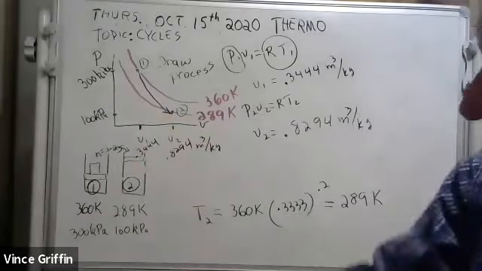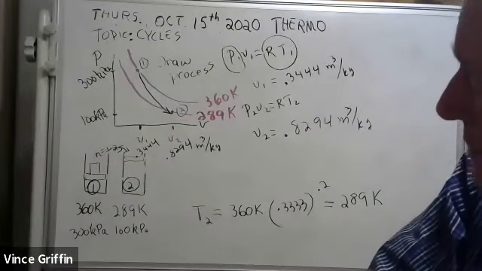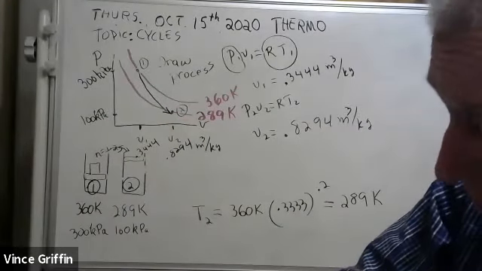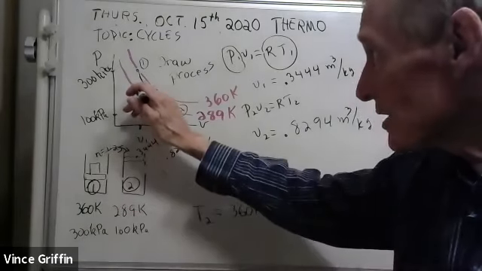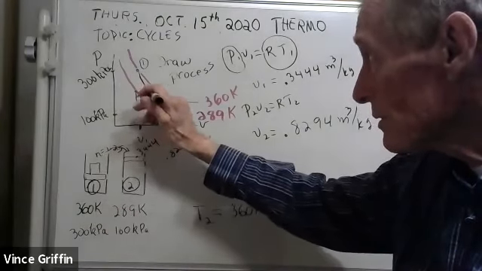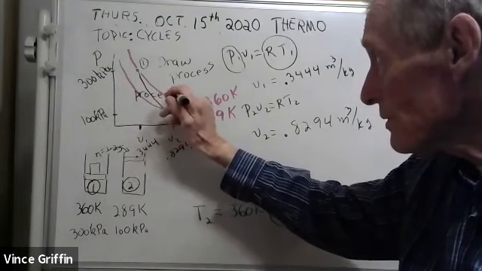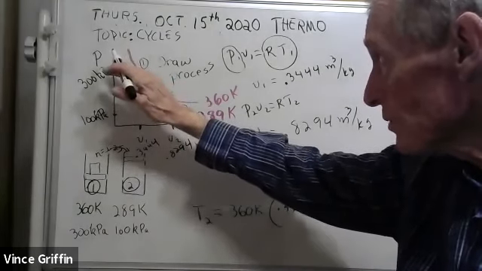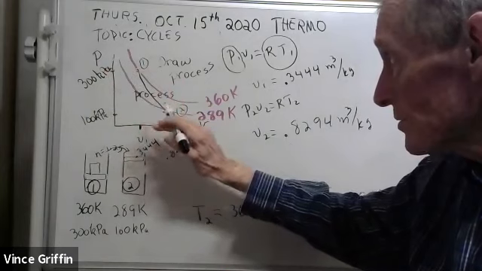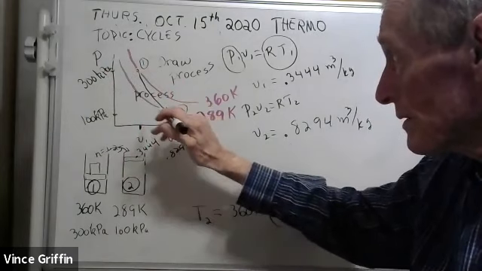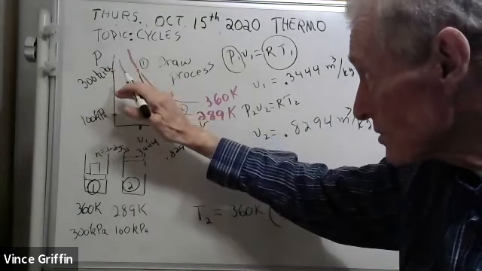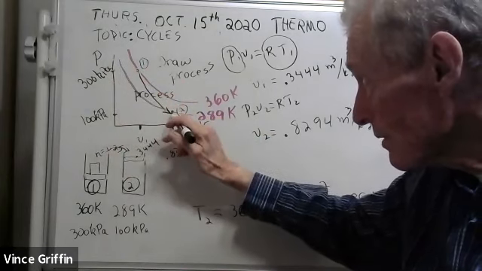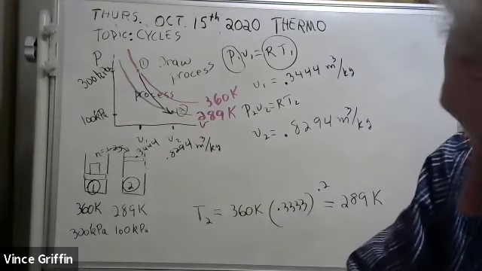So see, you can put a lot of information on your PV diagram, but you don't want to forget your process. That's the most important thing of all, is the process. There it is. There's state 1, state 2, and you draw the process. There it is with an arrowhead on the end of it.